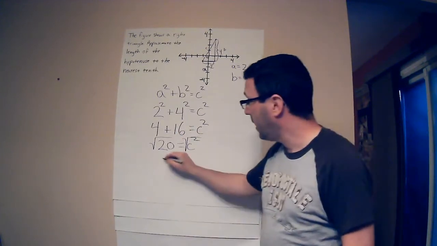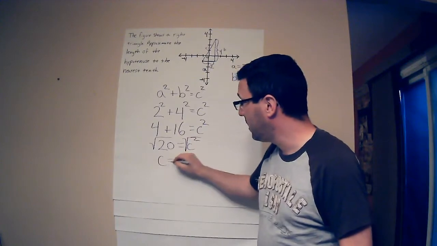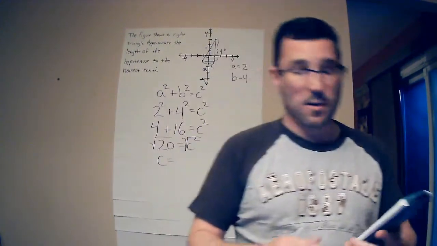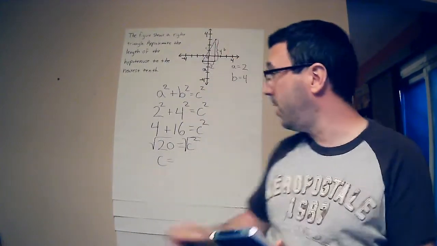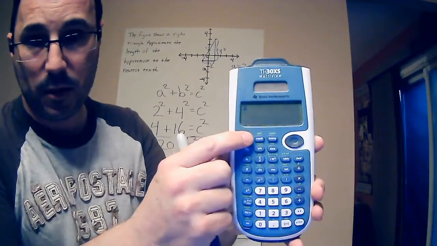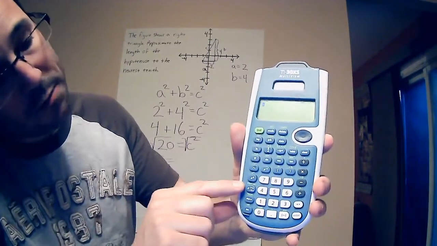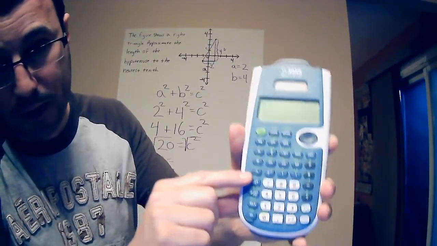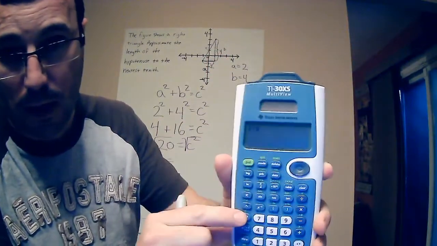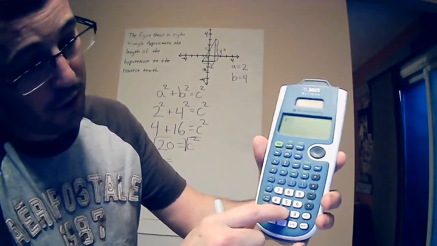And I get that C is going to be equal to, and I'm going to go to my calculator, and I'm going to put in, well, I've got 20, so I'm going to hit second. I'm going to go to my x squared button because right above it is my square root symbol. Hit that. And then I'm going to put in 20.